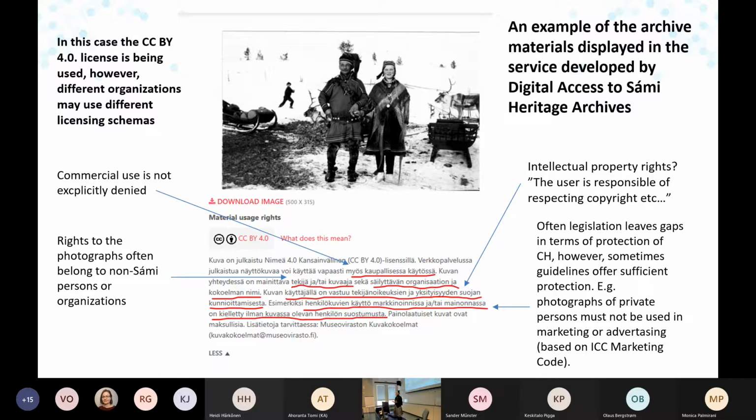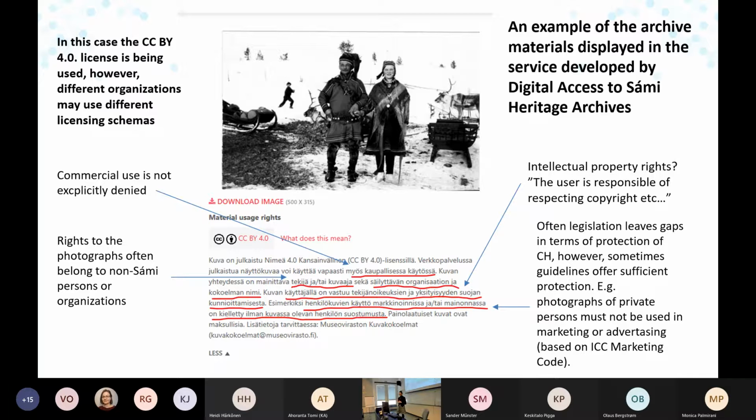And commercial use, in most cases, is not very welcome from the perspective of indigenous communities. Another problem is that the rights to the photographs often belong to non-Sami people, maybe people in the archives or organizations, not Sami people. That relates to history and to the way these pictures and materials were collected, but the point is that it's problematic.